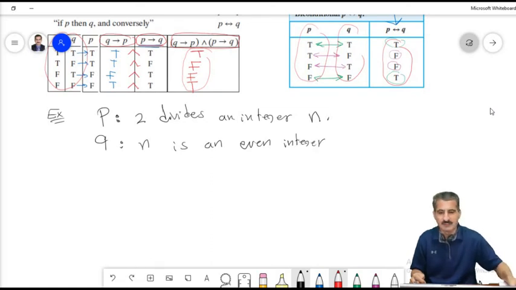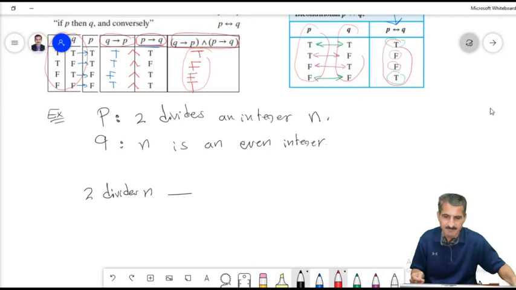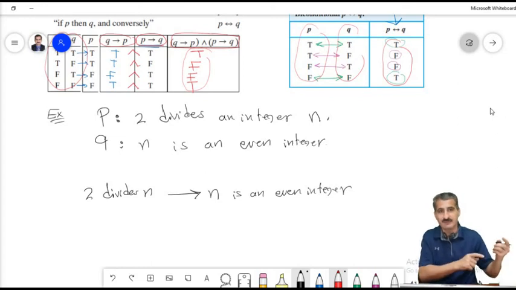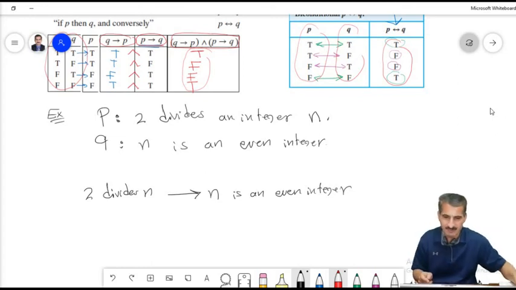So clearly these two statements are equivalent. If P is true, then Q is true. So this is the way we say it. 2 divides n, that gives n is an even integer, and also if n is an even integer, then 2 divides n. So we go the other direction.